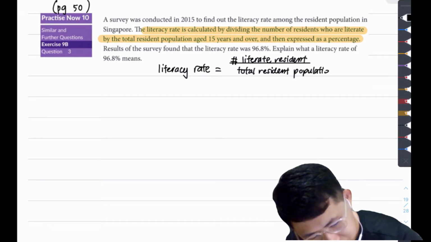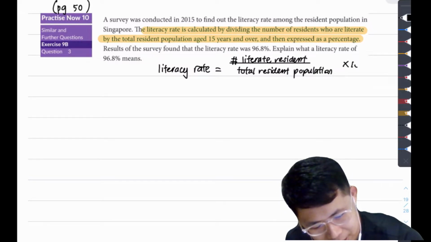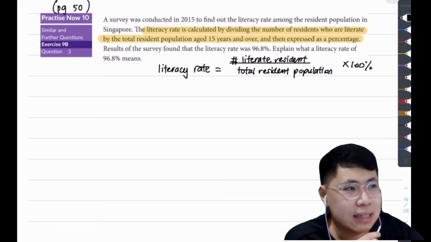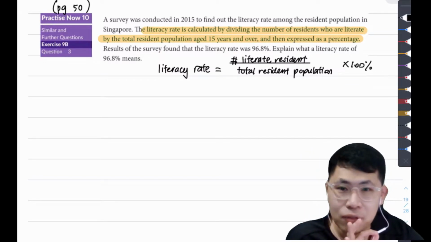And we express this as a percentage, meaning I'm going to multiply this by 100%. So this is the formula that we have over here.